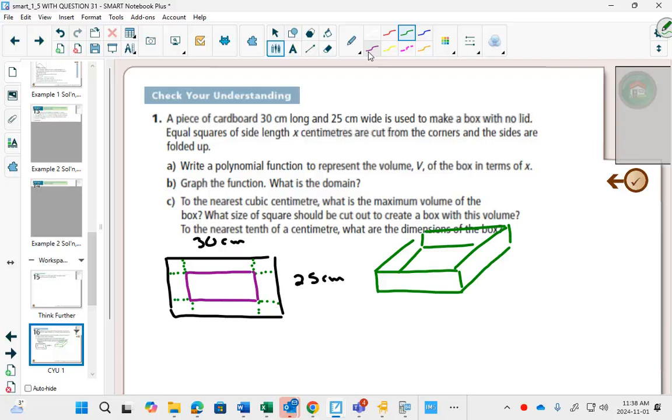What are the dimensions of this box? Well, it all depends on the size that you cut out of the square. So what we generally do is we say, let's cut out a square of size x, because I don't know how long that would be.